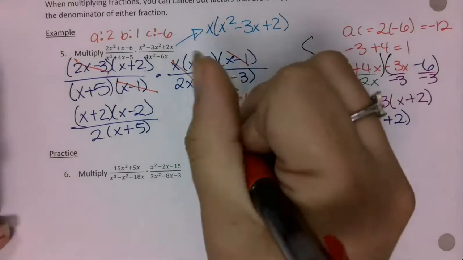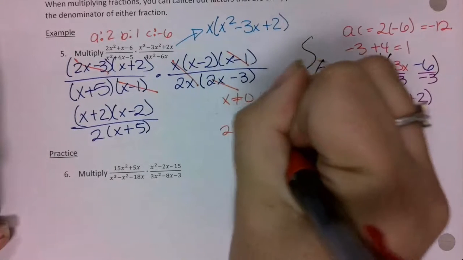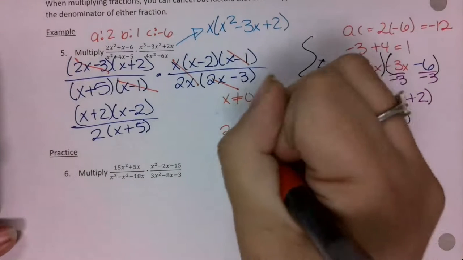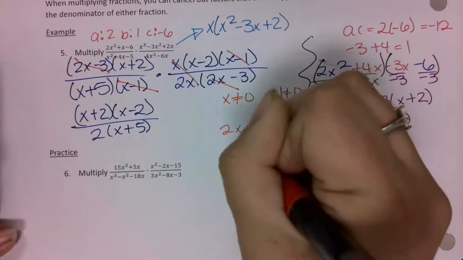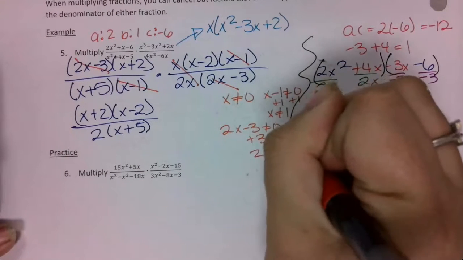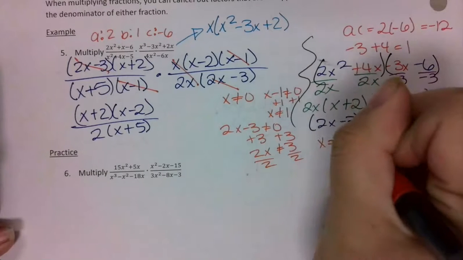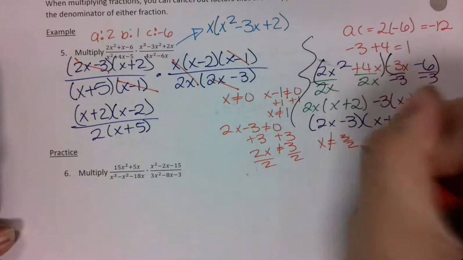And then I also canceled out 2x minus 3. So this one's a little bit trickier because it's not just changing the sign. I want to add the 3 to both sides. 2x can't equal 3. And then I divide both sides by 2. x can't equal 3 halves.